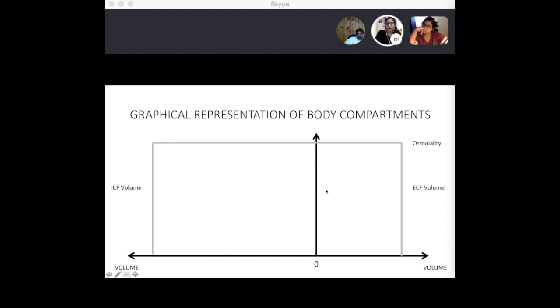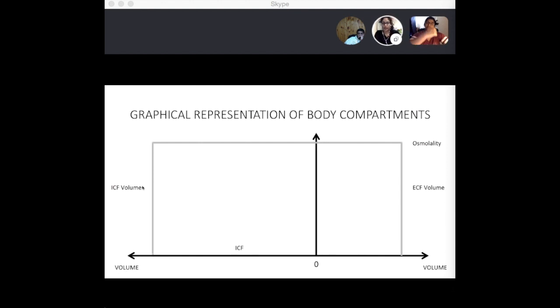So the height is the osmolality. And the x-axis is going to be the volume of either intracellular or extracellular volume. So the height is, again, osmolality, and the width is the amount of extracellular or intracellular volume.